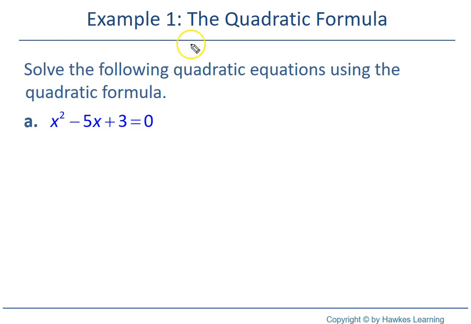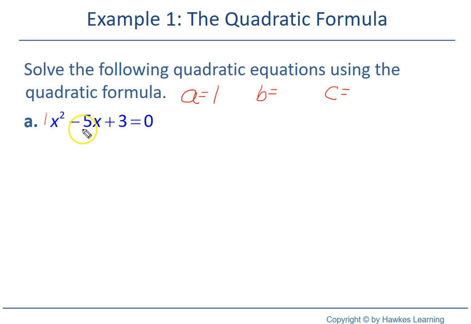So for example 1, letter A, write this in your notebook, of course, and we're going to do some substitution. The first thing we have to do is identify what the A value is, what the B value is, and what the C value is. It is in standard form. So our A value is, of course, this 1 that's not written.